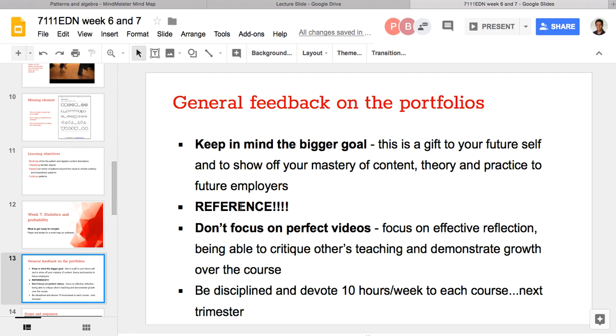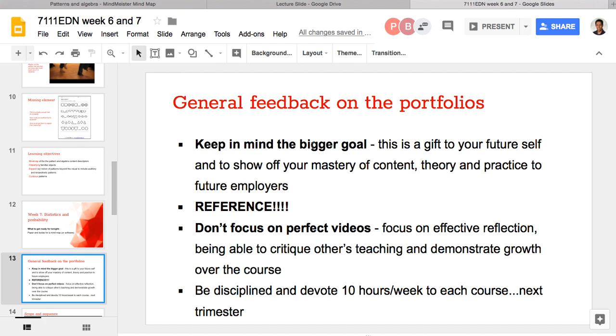I cannot stress strongly enough how important it is you go and read the criteria sheet, because the criteria sheet explicitly states for that 7 level that you reference everything to within an inch of its life, okay?